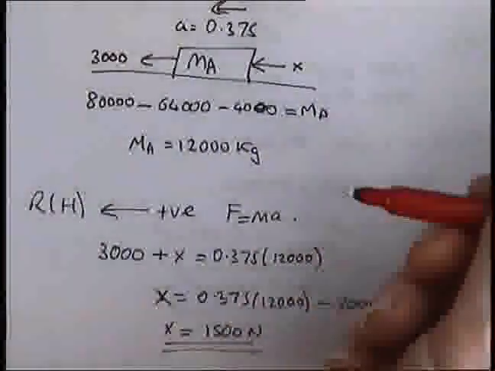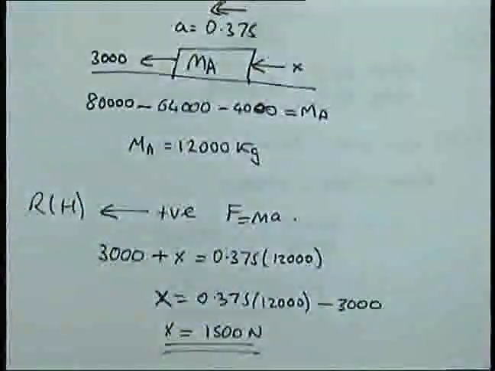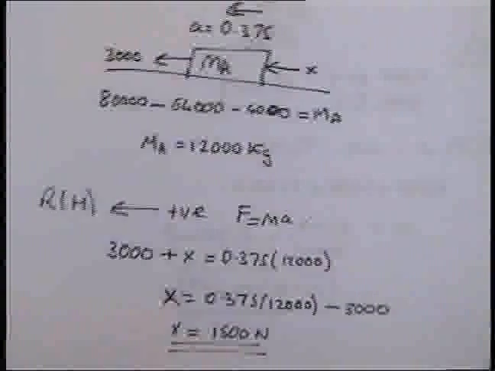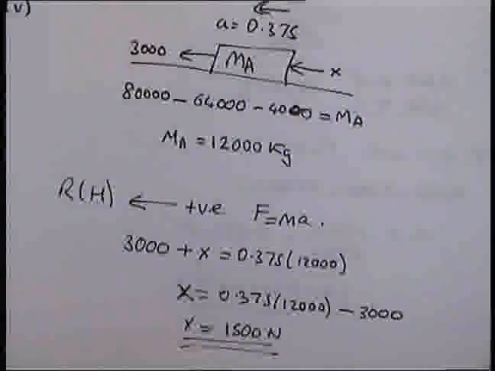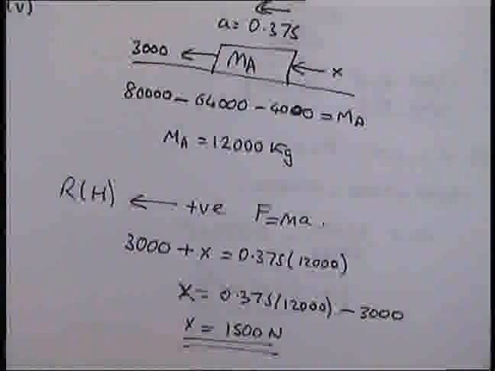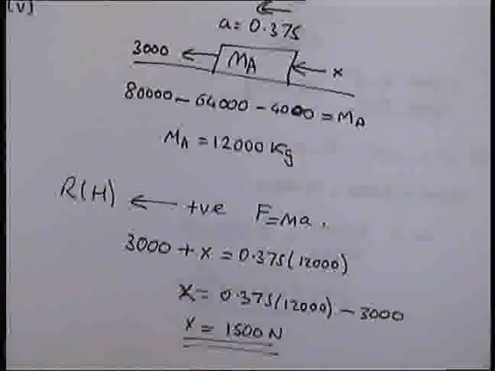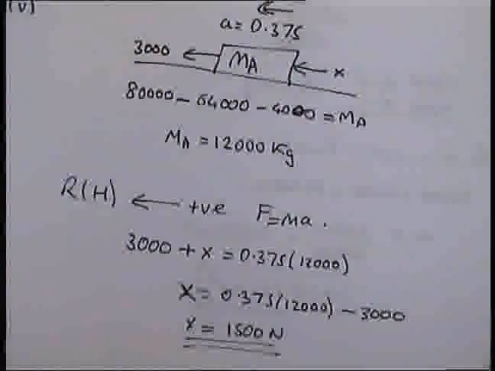But we've shown it's 1,500 newtons in that direction on the carriage, so what we also need to show now is that X is in that direction, and it's also equal to 1,500 newtons on the engine due to Newton's third law.